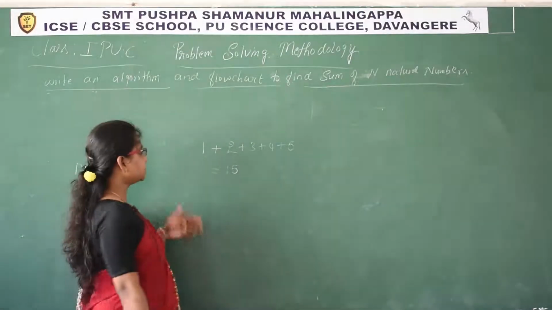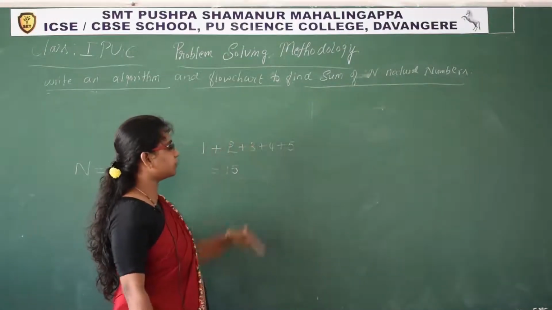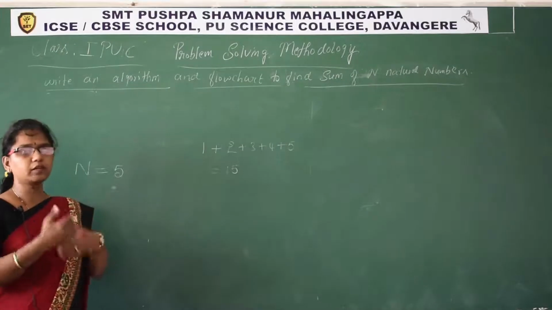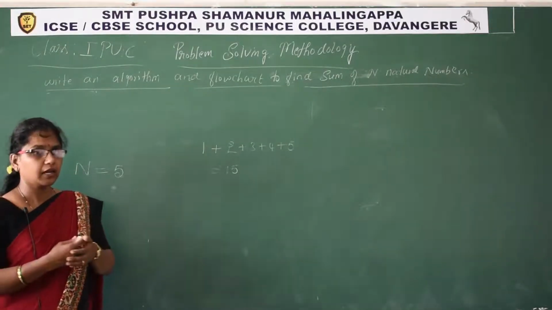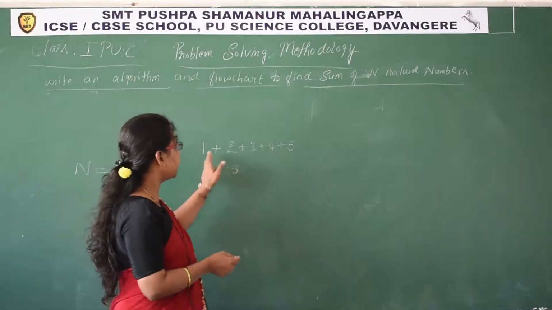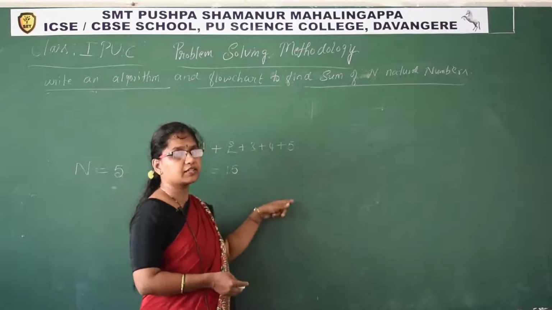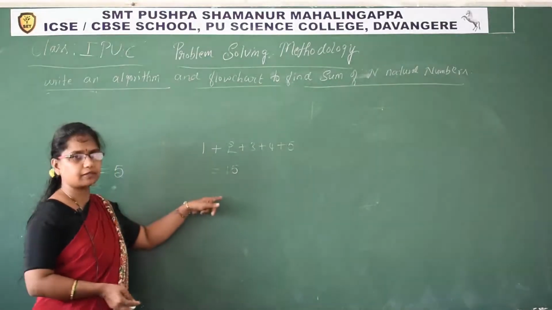Now we human beings think like this: 1 plus 2 plus 3 plus 4 plus 5. We store the previous value in our mind, take the result of those two previous numbers, and add it with the next number and the succeeding numbers. In this way we calculate and get the result.